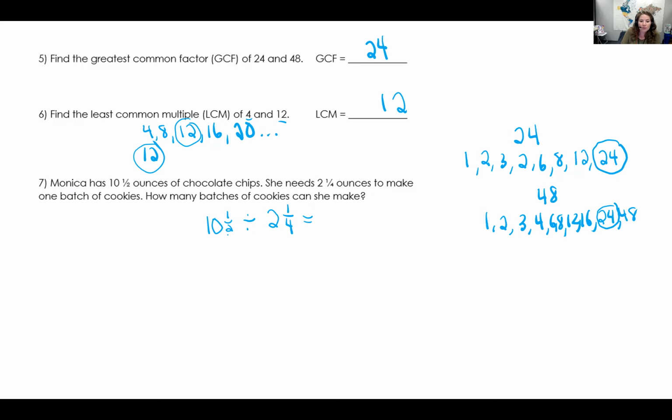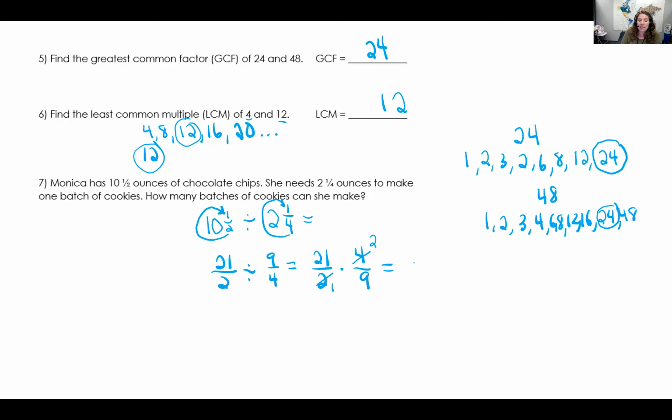We're going to go around the world. 10 times 2 is 20 plus 1 is 21/2, divided by, go around the world, 4 times 2 is 8 plus 1 is 9. Now that we've done that, we're going to keep it, change it, flip it. We can multiply straight across and then simplify, but I'm going to divide both of these numbers by 2.